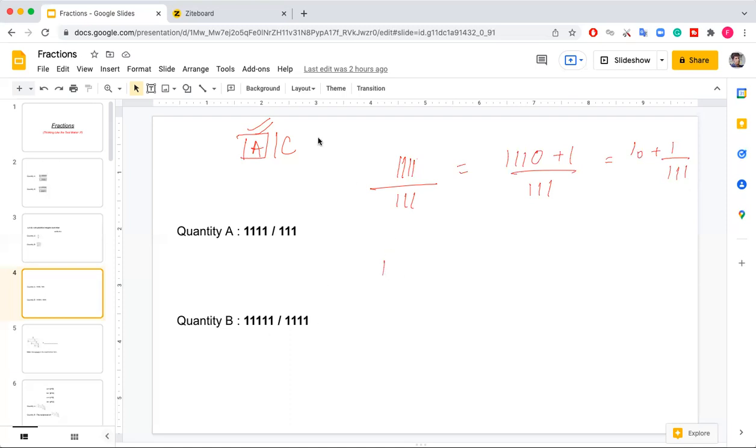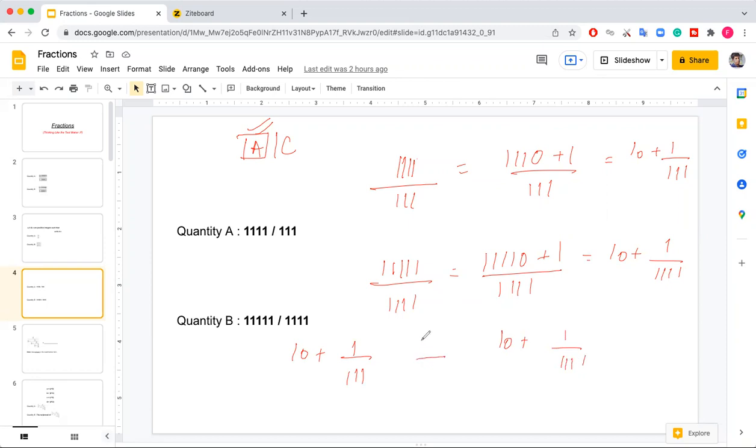Likewise, in the other we have 1145 divided by 34. Again, we can write this as 1110 plus 1 divided by 34. So now you have 10 plus 1 over triple 1, and 10 plus 1 over tetra 1, right?